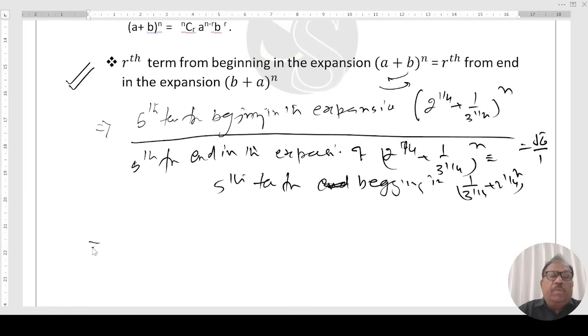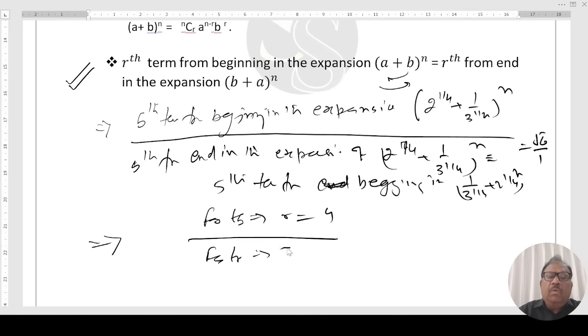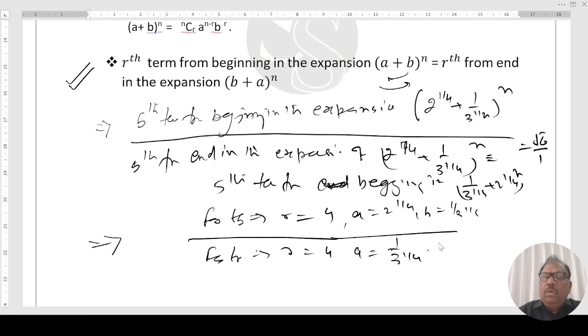Now to find the fifth term, T5, what will it be? r equal to 4. In this case, a is 2^(1/4), b is 1/3^(1/4). In this case, a is 1/3^(1/4) and b is 2^(1/4), right?